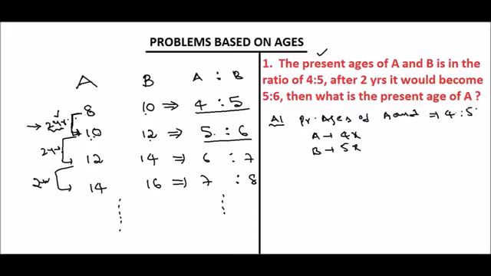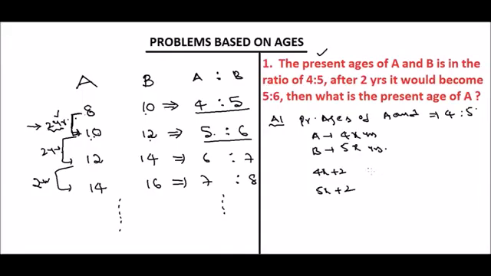Because in a ratio, if two terms are multiplied by the same number, the value of the ratio will not change. So A's age is 4x years, B's age is 5x years. After 2 years means 2 years should be added to both 4x and 5x, for both persons.